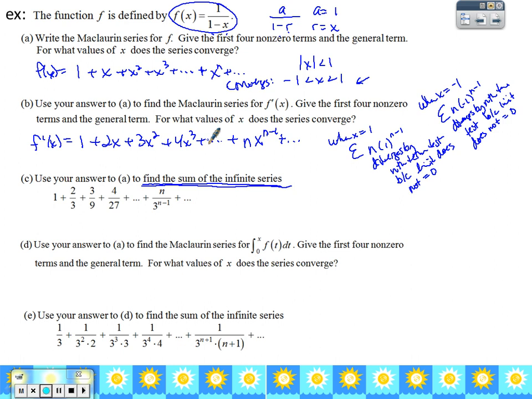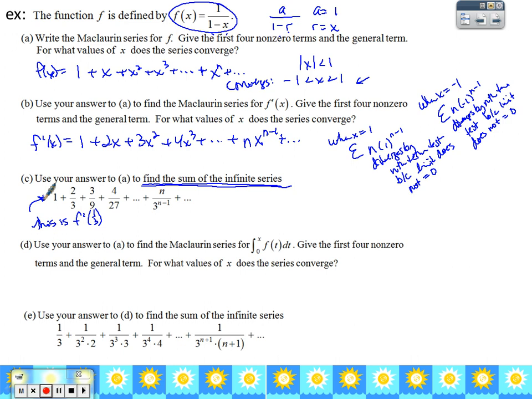They put in 1/3 for x, and it generated this. So this is f prime of 1/3. That's what that series is, right? That series is f prime of 1/3.